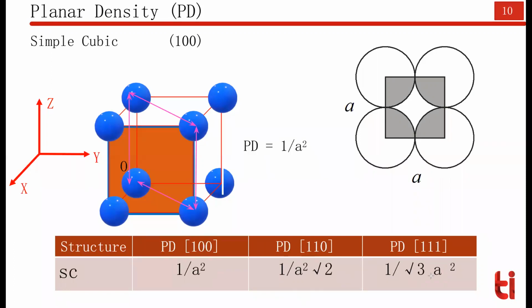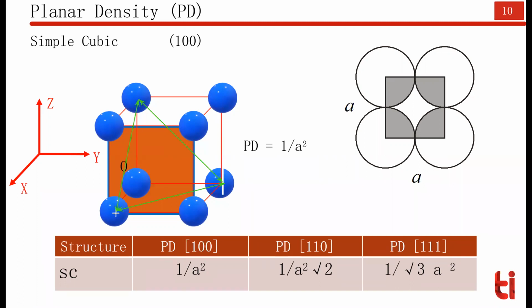And similarly, if I do the same activity for the third case, that is the 111 case, let us make a drawing for 111. Your 111 plane is something like this, right? It intersects at x equal to 1, y equal to 1, and z equal to 1.